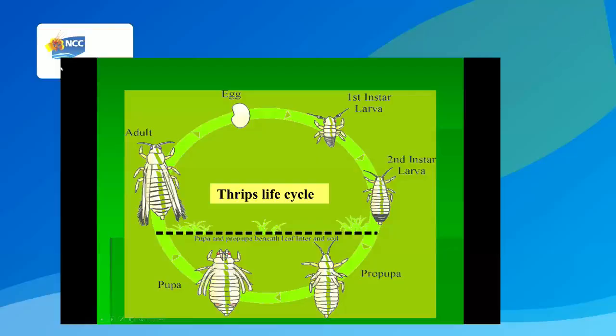So when you're looking at control mechanisms using pesticides, you have to bear that in mind and treat the plant as well as the medium that the plant is growing in order to get good control.